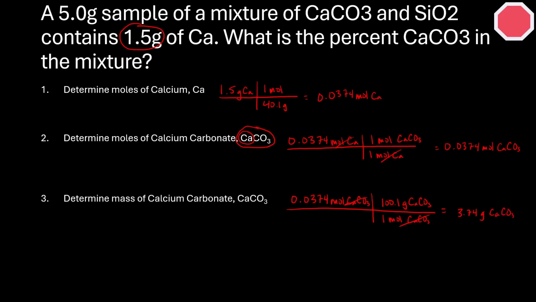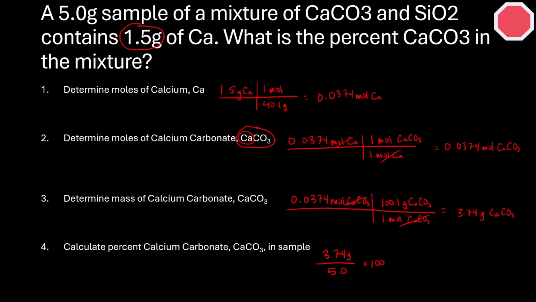Once you have the grams of calcium carbonate present, you can find the percent of that by dividing it by the total mixture sample and multiplying it by 100. So calculate the percent of the calcium carbonate in the sample. Again, we're going to take the 3.74 grams of calcium carbonate, divide it by the total sample, which is given in the problem, which is 5 grams, multiply it by 100 to change it into that percent that we want.